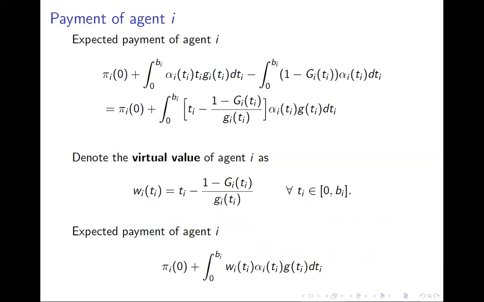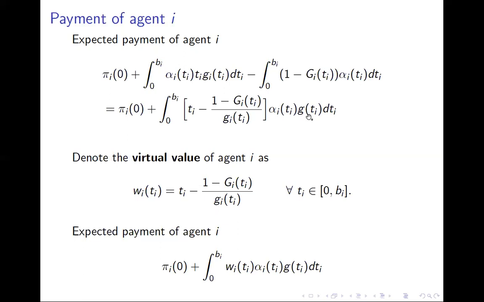So this is like saying that the expected revenue or payment of agent i is this pi i 0 term. Let's forget about this pi i 0 for a moment. But this particular term, the bracketed term, is less than ti. In fact, what this is suggesting is that the expected revenue collected from agent i is less than the expected value he gets. Remember, what is the expected value he gets?